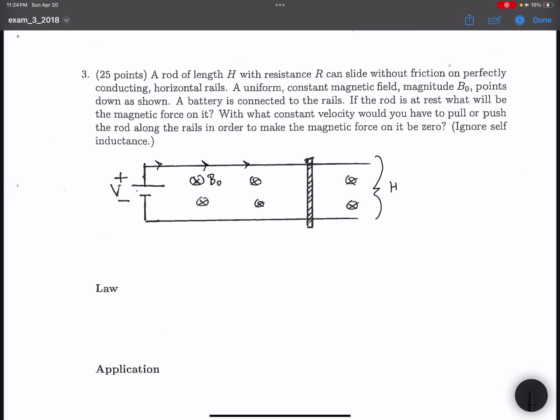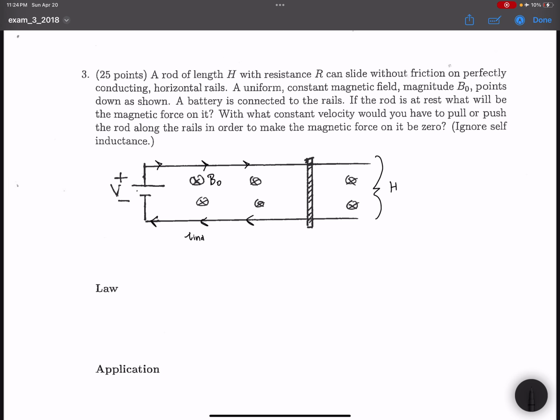You could point your straight fingers into the page and then curl them. Dr. Cordell always does into the page and then he curls around the wire. He's very dramatic with it too. There's not two currents. It so happens that the battery's current is most likely going the same direction as the induced current. So there is a current coming off the battery.